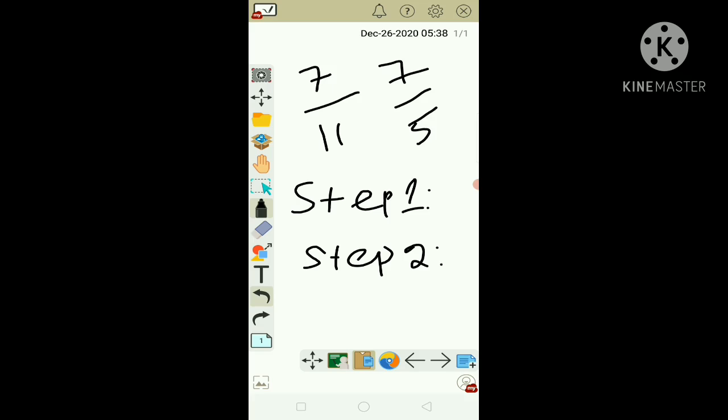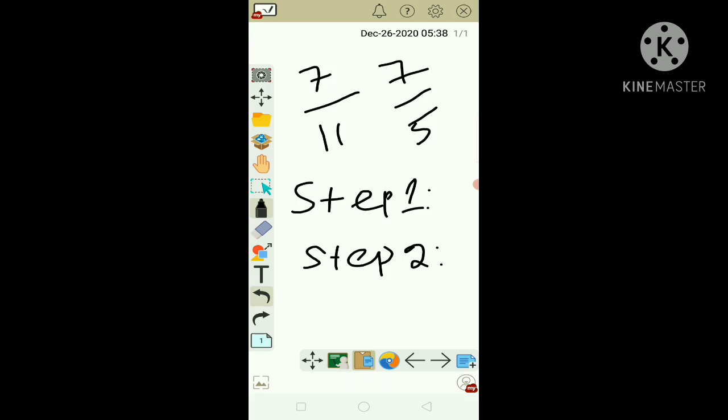So the numerator is the same, so it's an unlike fraction but with the same numerator. When you compare this kind of fractions, you have to follow the rule: the fraction with the smaller denominator is greater for unlike fractions with the same numerator.